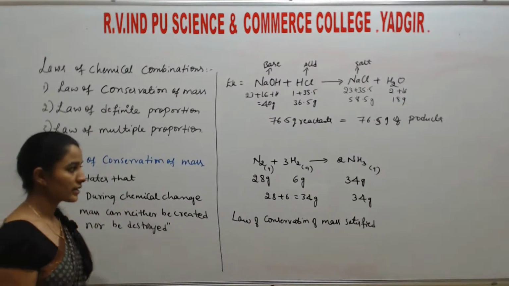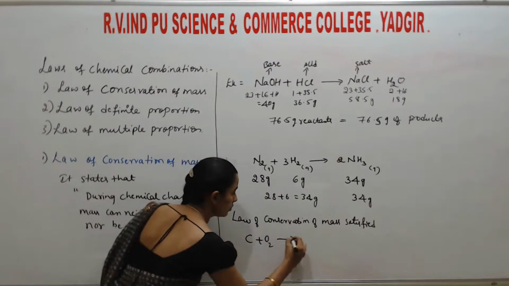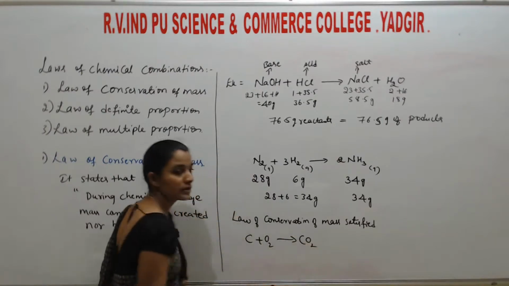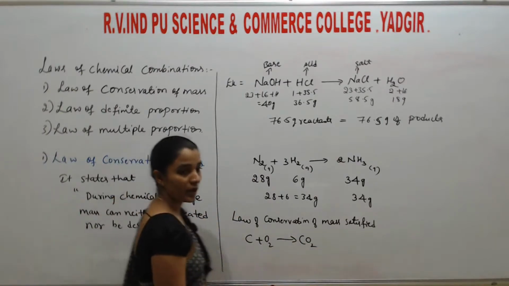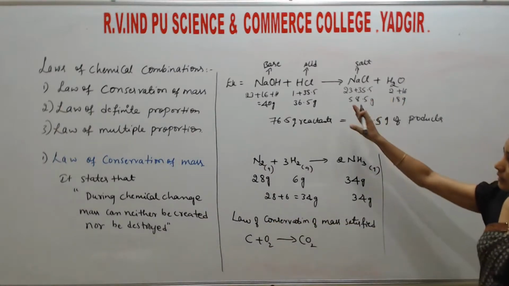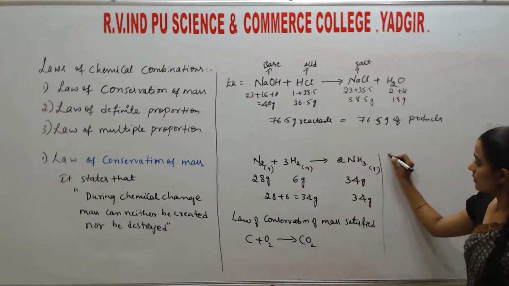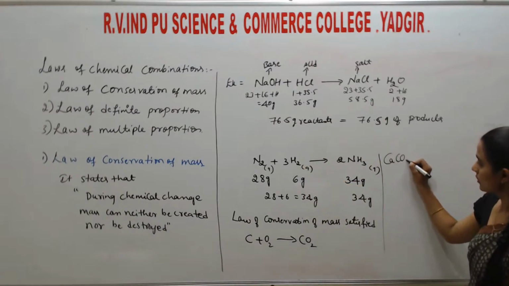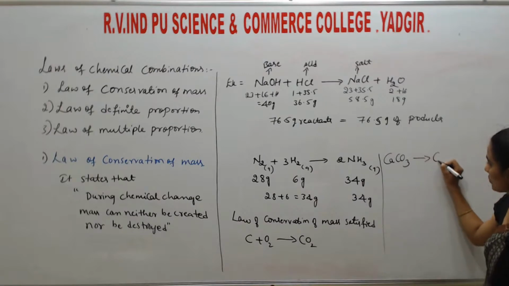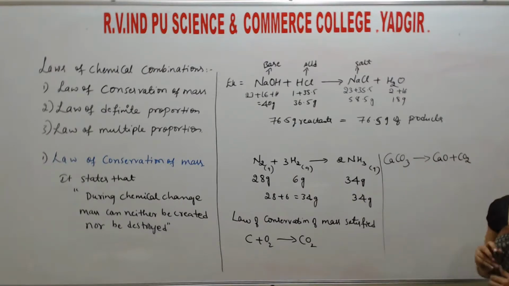Not only this reaction, students, if you consider C plus O2 giving CO2, you may get the same answer. And another one, listen: I just said this is a displacement reaction, this is a combination reaction. I'll say now a decomposition reaction. CaCO3 gives rise to CaO plus CO2.